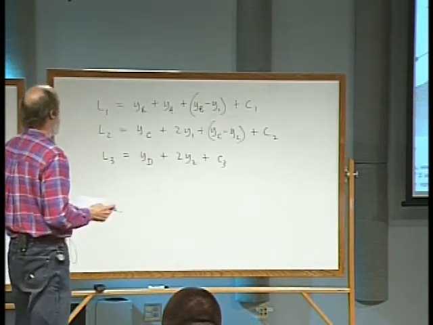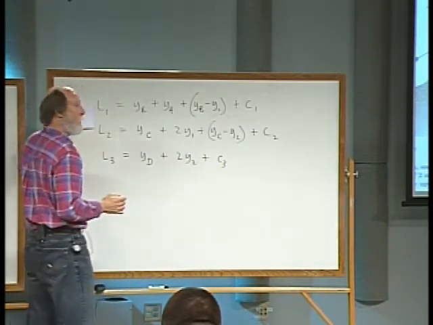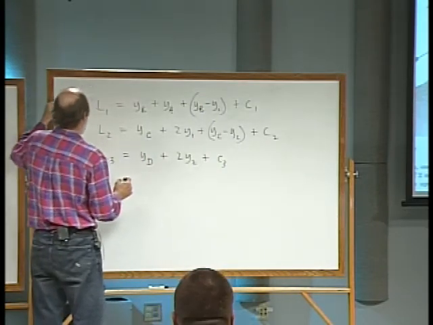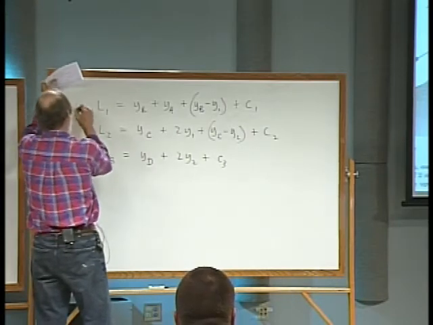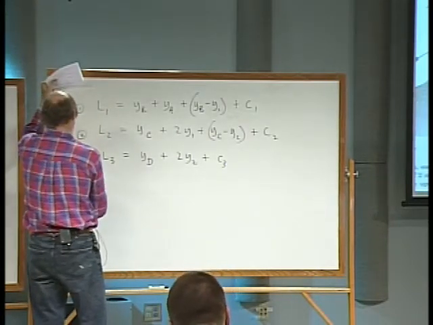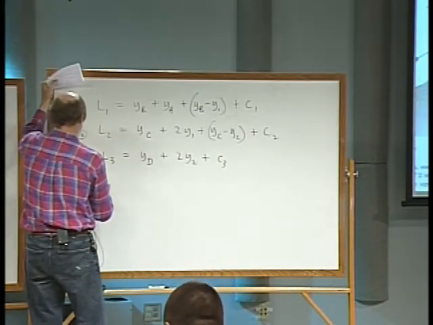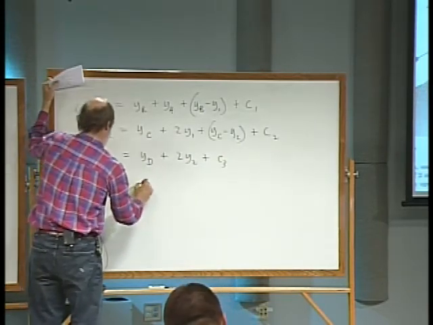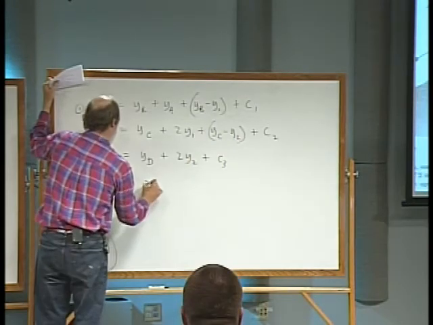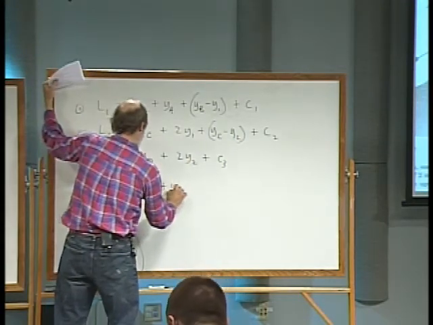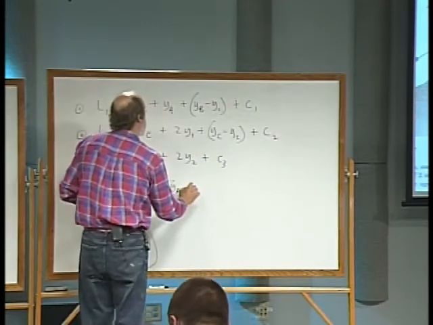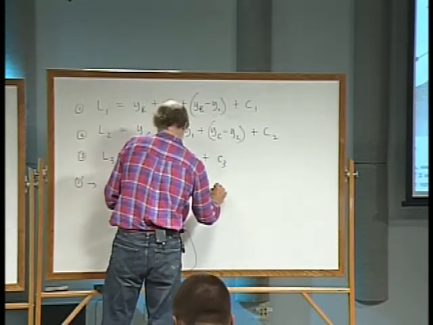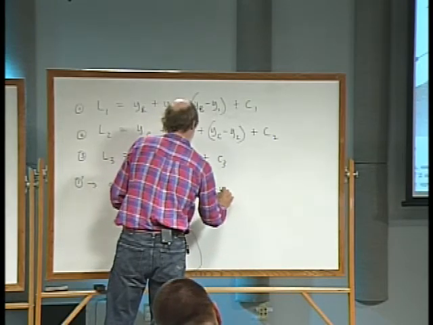Now, when we crank the derivatives on these equations, let's go ahead and do that. So this is 1, 2, 3. So 1 prime is going to give us 0 equals y b dot plus y a dot plus y b dot minus y1 dot.